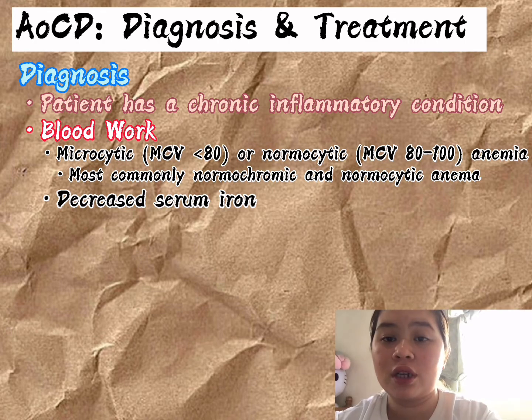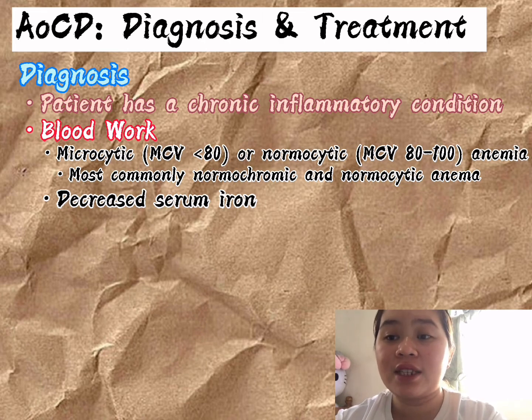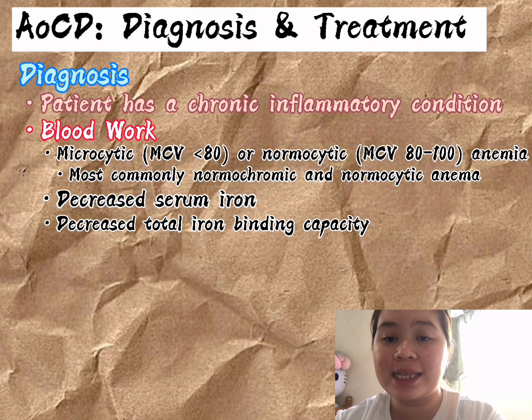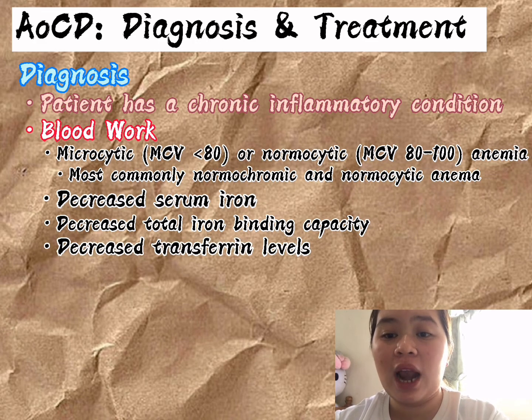Although there's decreased available iron in the serum, there's also decreased total iron binding capacity and decreased transferrin levels. So, there is iron in the body, but it's not able to be utilized properly.